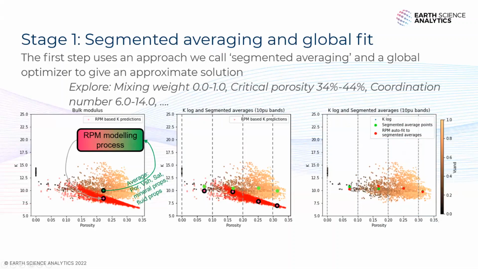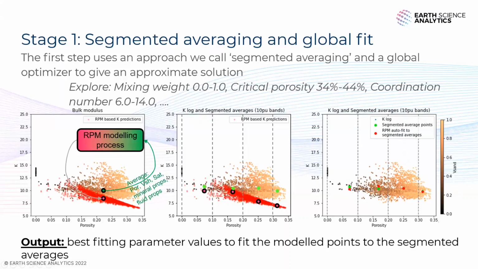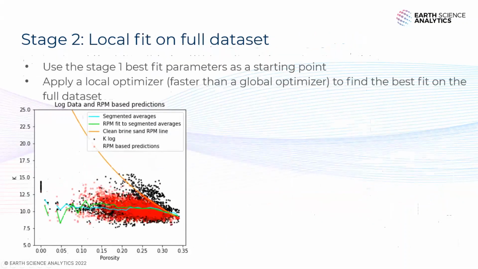So we've managed to find some properties, so some mixing weights, critical porosities, coordination numbers, and so on, that produce a close match between these average points and a model from these average points. So that allows us to get a close match, and we take the property values, so the mixing weight, critical porosity, coordination number, and so on, that gave us that good match, and we use them in stage 2.